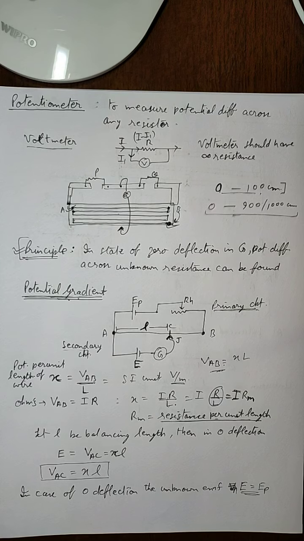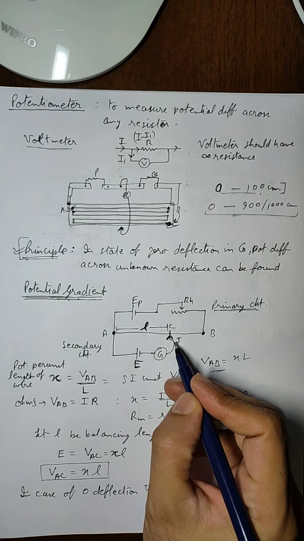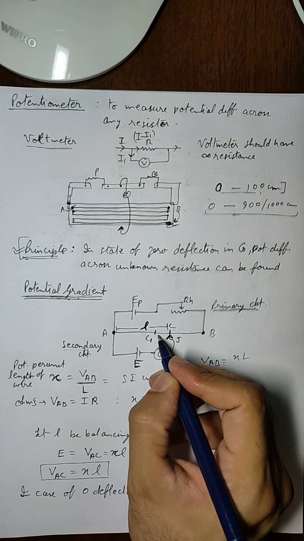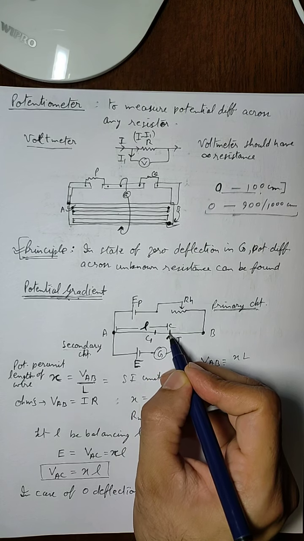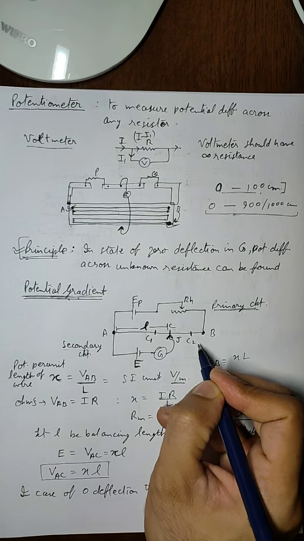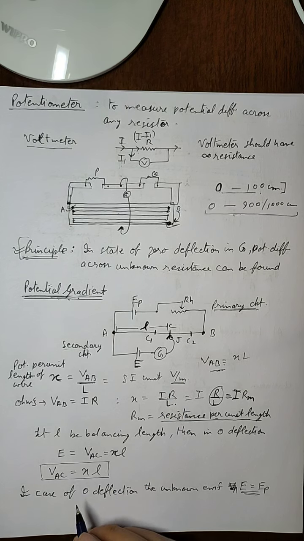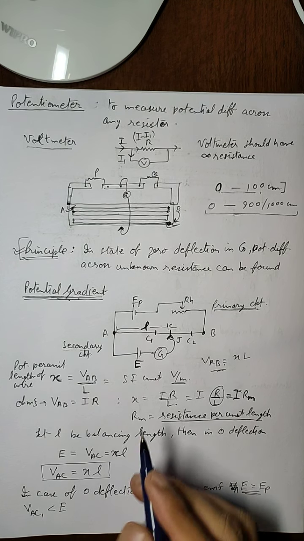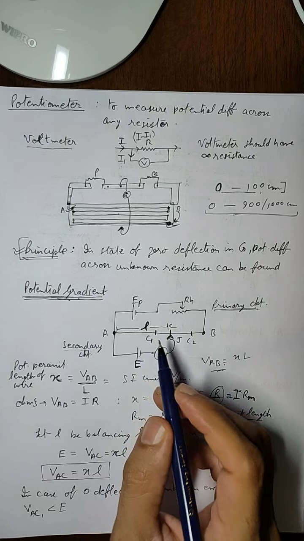Now let us say that if this key J is pressed at a point C1, let us say this is C1 towards the left of the balancing point. The balancing point is at C, and here we have C1 and here we have C2. Then at C1, the potential difference VAC1 will be less than the secondary battery.